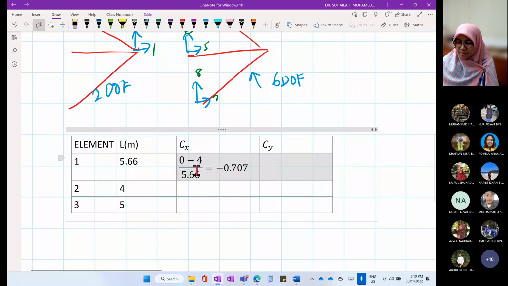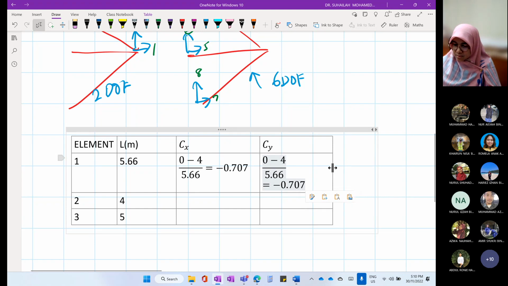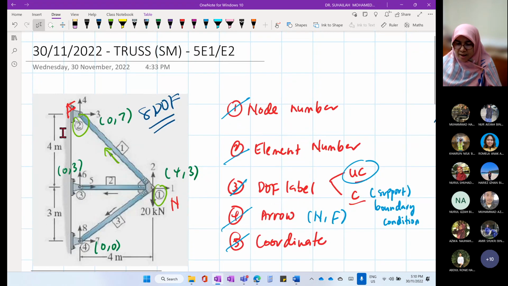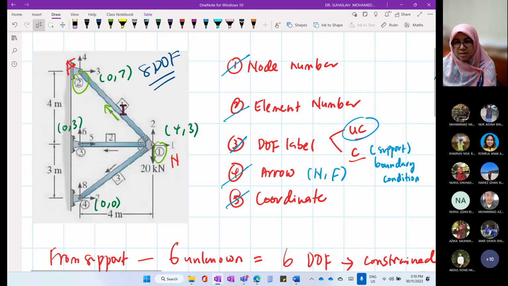Okay, what about Cy? For Cy, look at the y coordinate. The y coordinate at node number 2, what is it? 7.